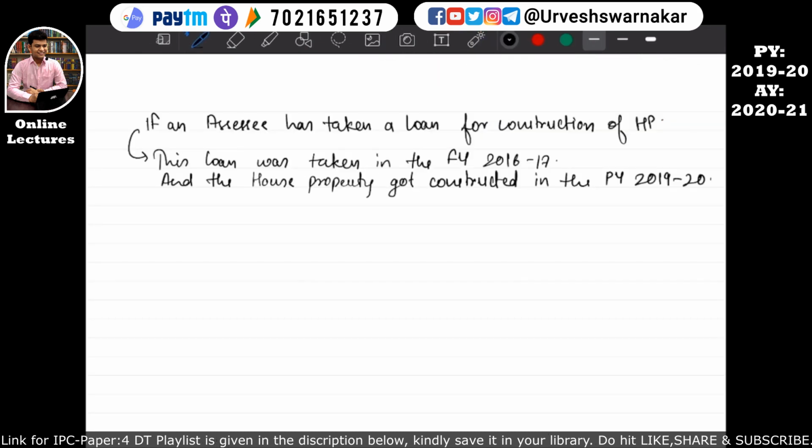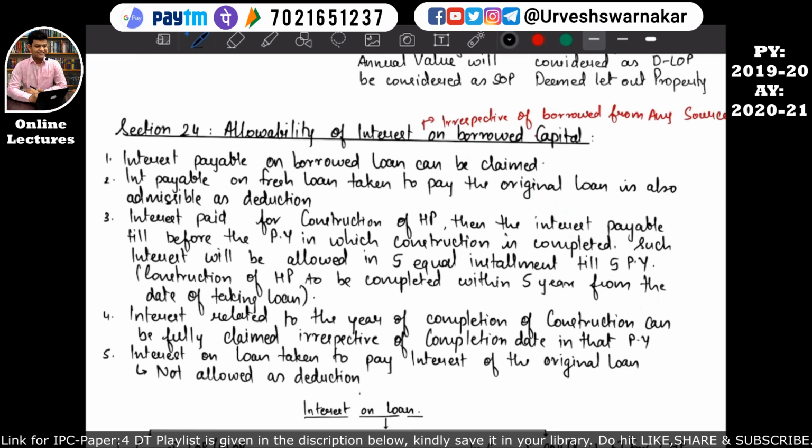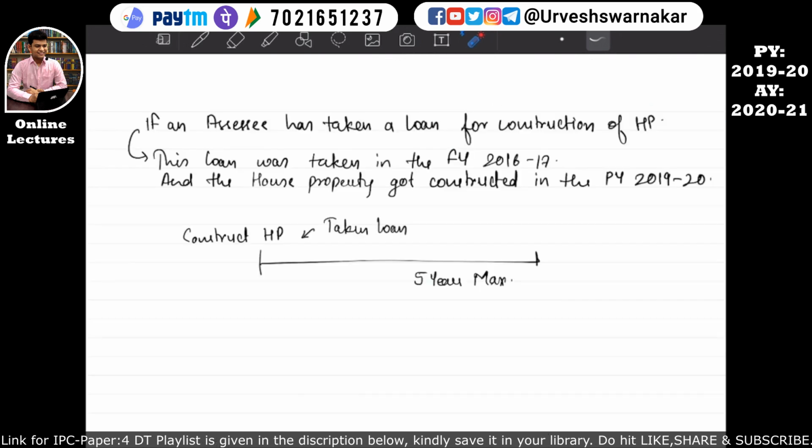So from the first year the assessee takes the loan until the 5th year the construction gets completed, only then will this interest be allowed.